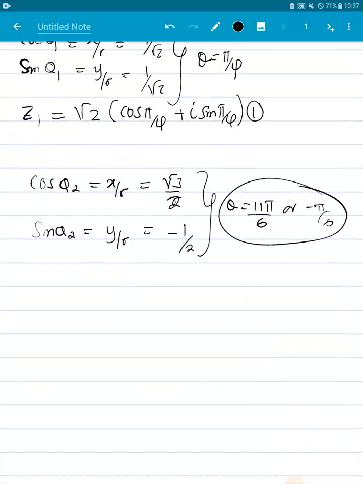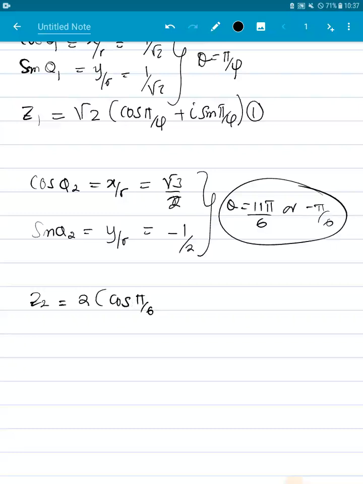So z2 is equal to 2 cos pi over 6. Well, we know that we can use the negative angle or this one, and the answer will still be the same. Because it's negative, even if I put a negative here, cosine will still remain the same.